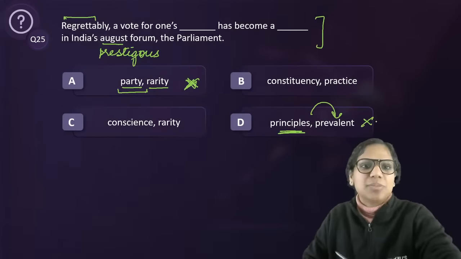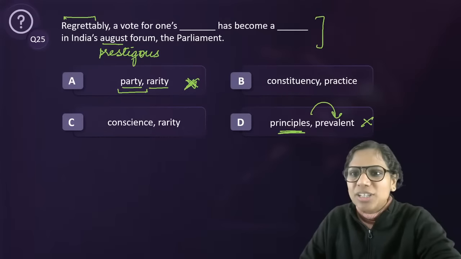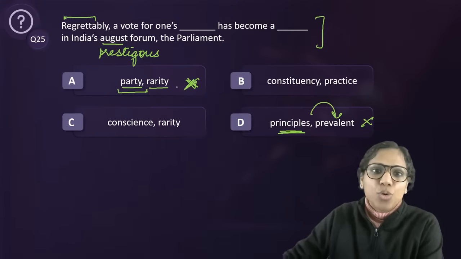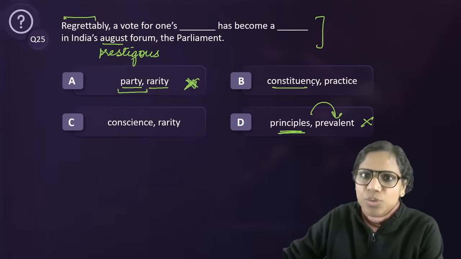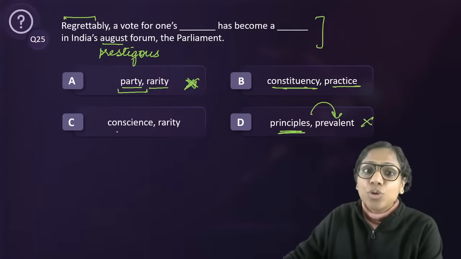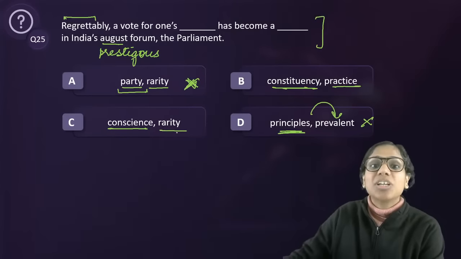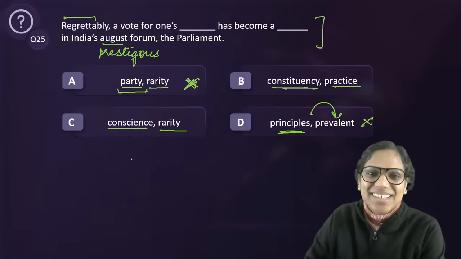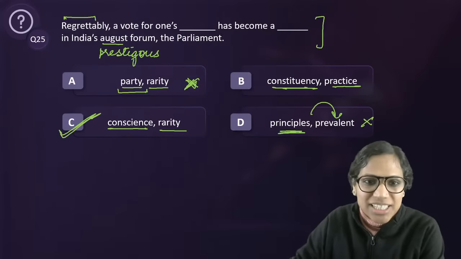Why would you regret something like this? So ultimately we narrow down to B and C here. A vote for one's constituency has become a practice. Or a vote for one's conscience has become a rarity. What will you regret more? So you will regret this more.